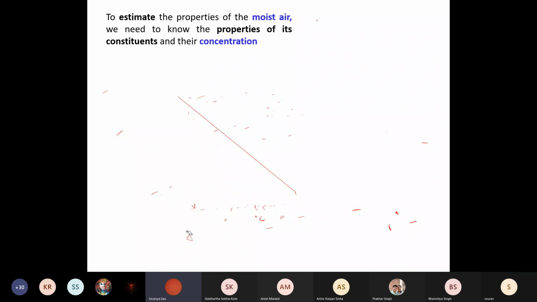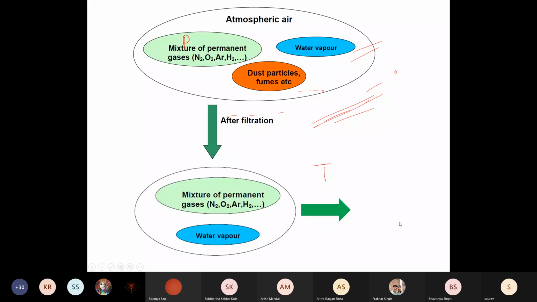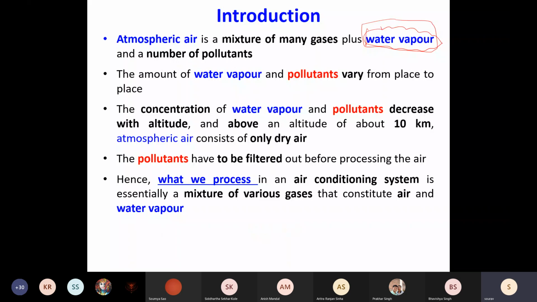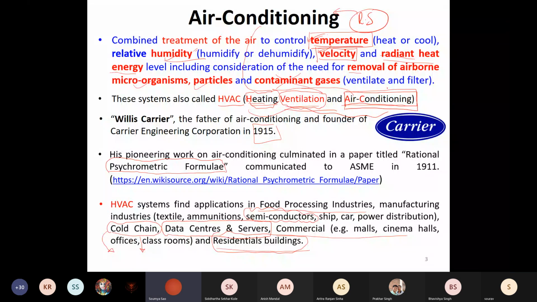So can you please go to your first slide of air conditioning? Sir, here in the second line, radiant heat energy level. What does it mean to regulate radiant heat energy level?